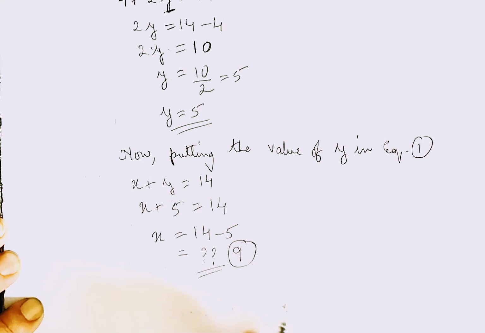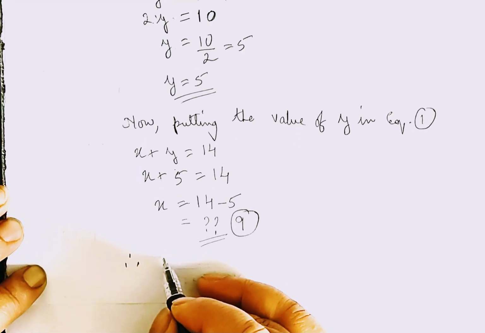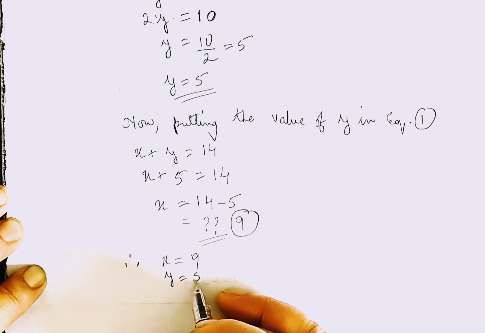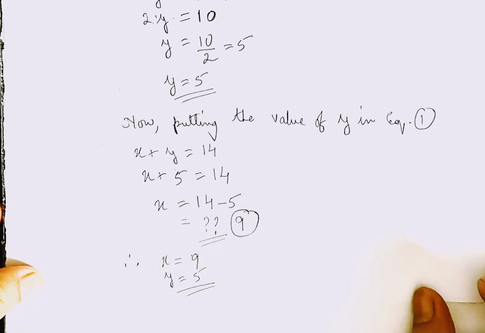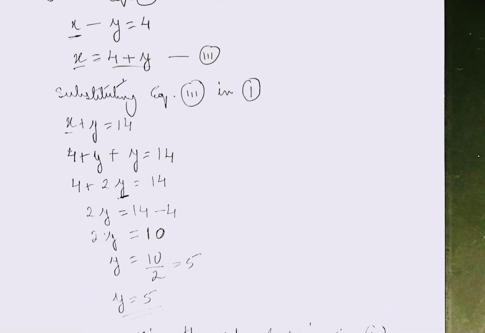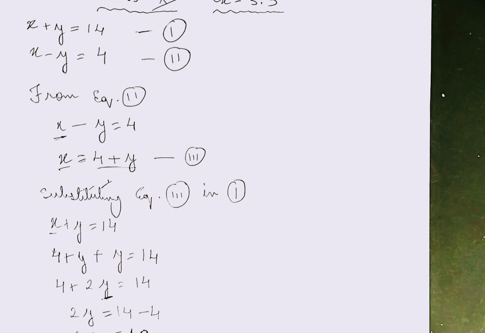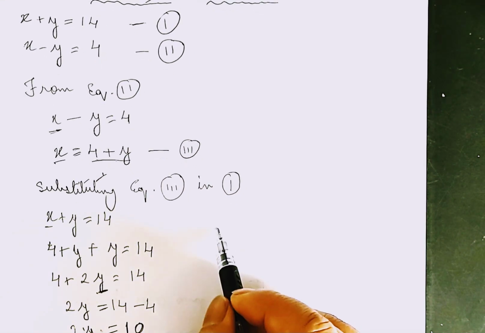So what you are getting is, therefore, x is equal to 9 and y is equal to 5. Now say, students, if you think about whether the answer is right or wrong, what you have to do is just do a rough calculation and find out if your answer is right or wrong.